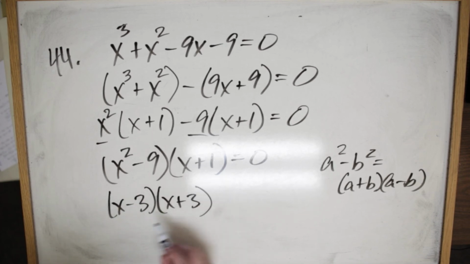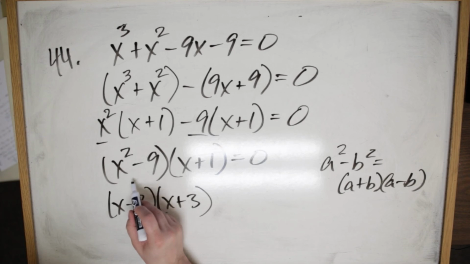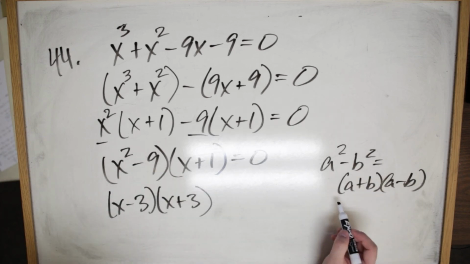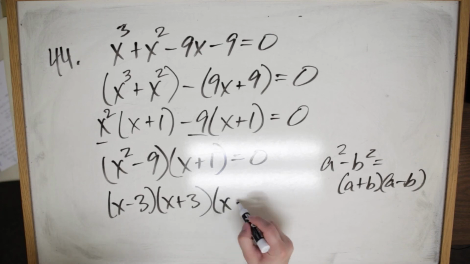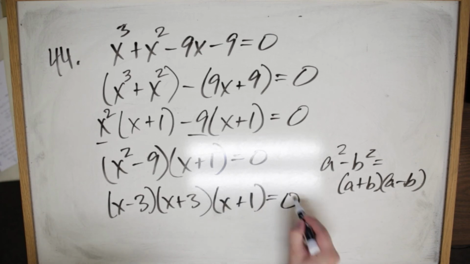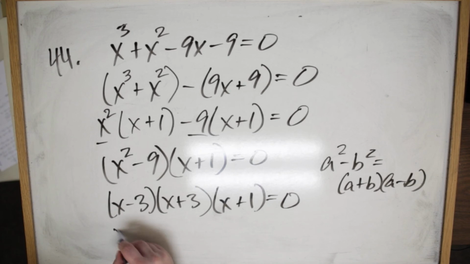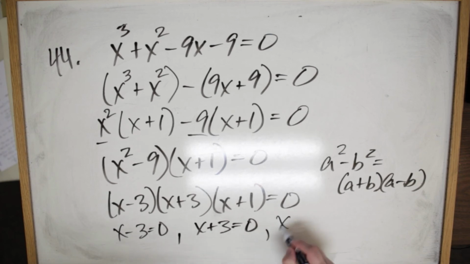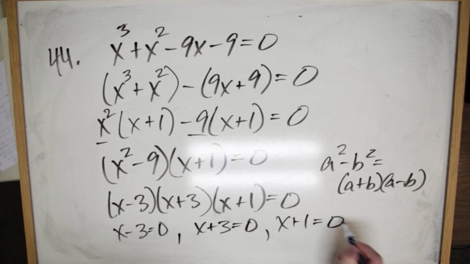If you are unsure of that, do the process that we did the very last section using the a's and the b's, and you'll see that it's going to equal that. Okay. So now I've got x minus 3 equals 0, x plus 3 equals 0, and x plus 1 equals 0.